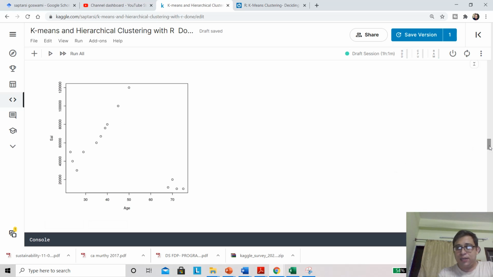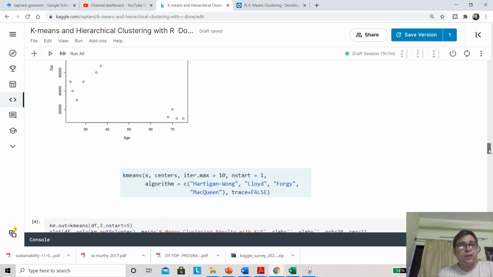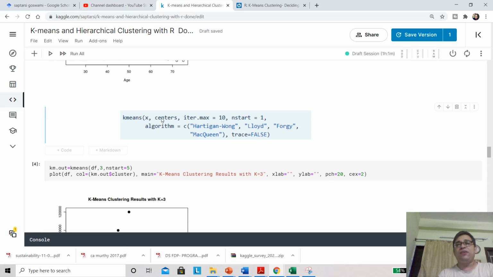These are some of the parameters that k-means takes. x is the data. Centers simply tells you how many centers you want, and for how many iterations you want to run it. This is also a very important parameter, nstart. Essentially, nstart tells you how many different random initializations you can start with.